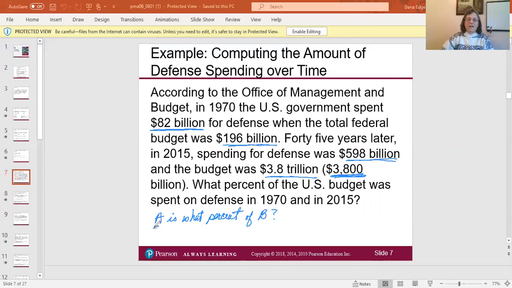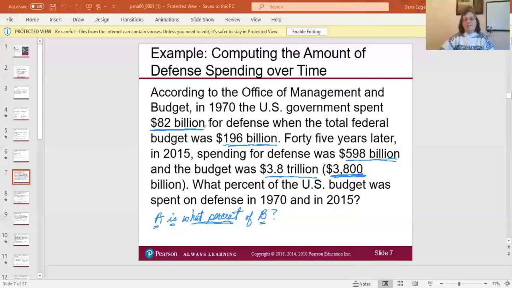When we say A is a percent, generally that means A is the small part. B is going to be the large part. Now that's not guaranteed because A might be over 100%, but in this case, there's no way that the defense budget is more than the total federal budget.